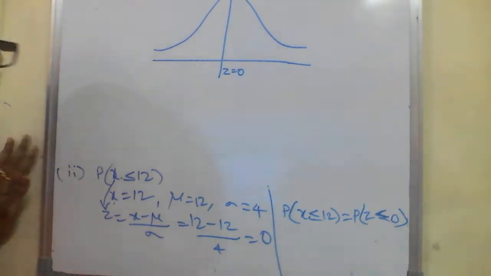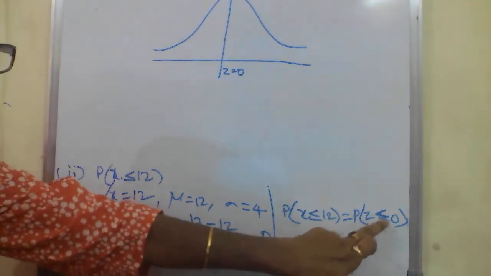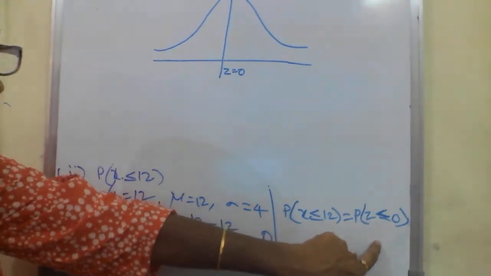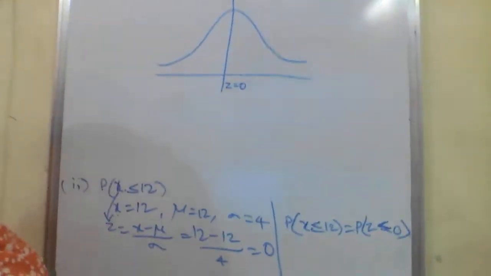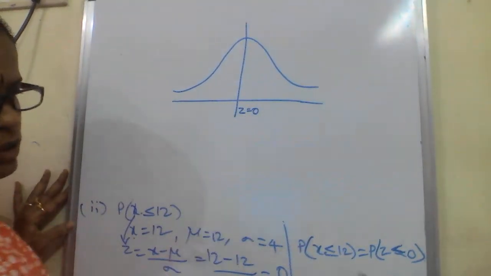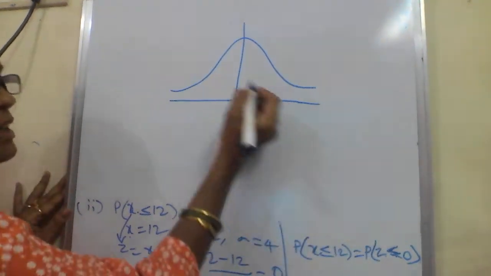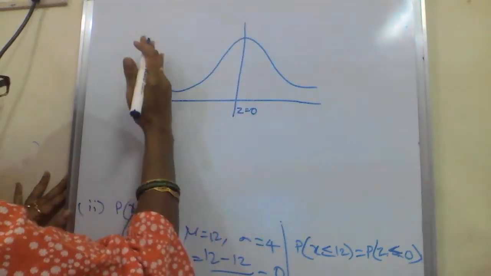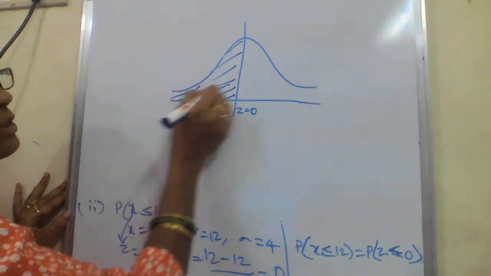Without the figure you can't understand which area you require. So for the corresponding Z that you have here, I have to convert it and represent it in the figure itself. So in the figure, here this will be Z equal to 0. I want the probability of Z less than or equal to 0. So this is 0 and the lesser part. This is the region I require, this entire region.